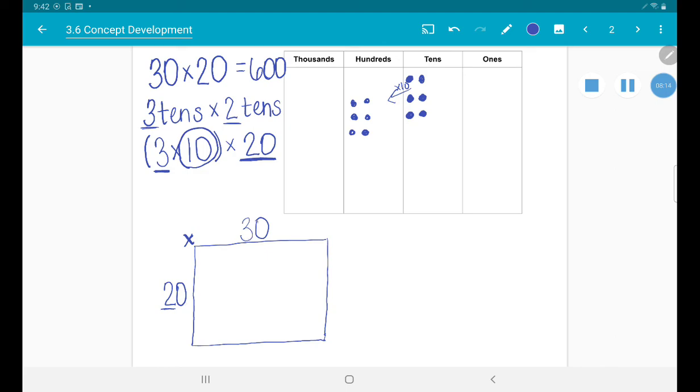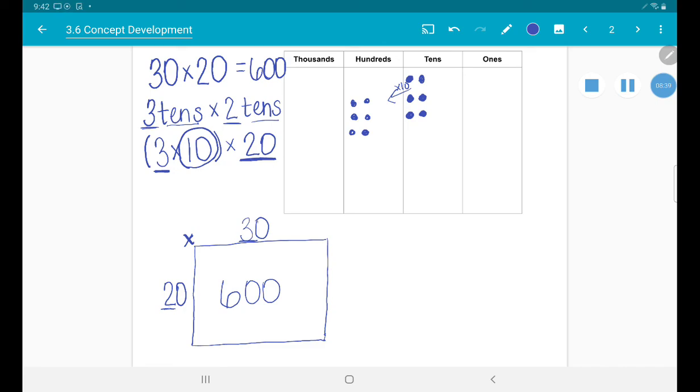Okay, what is 3 times 2? 6. And now I have tens times tens. What's 10 times 10? 100. So what's my product going to be? What's 6 times 100? 600, yeah.